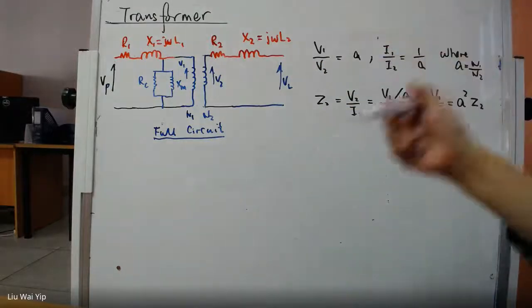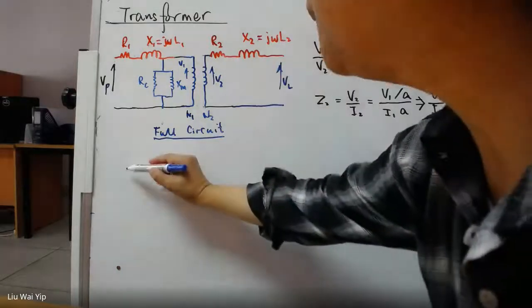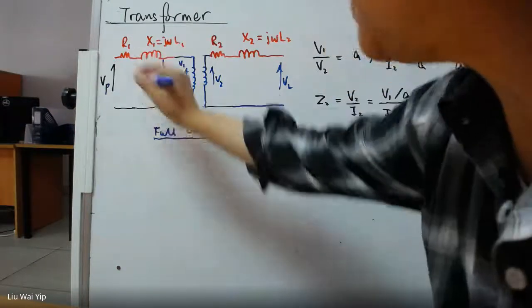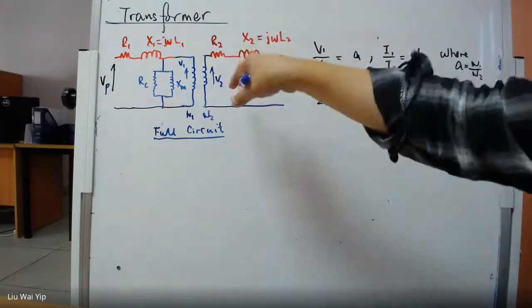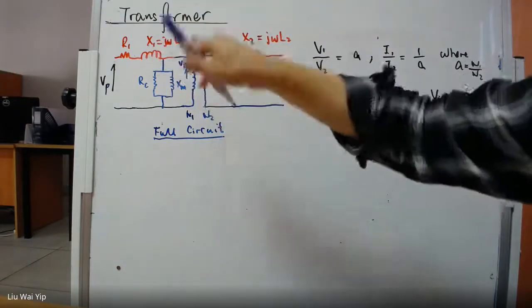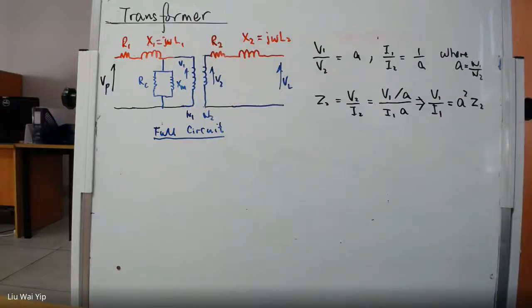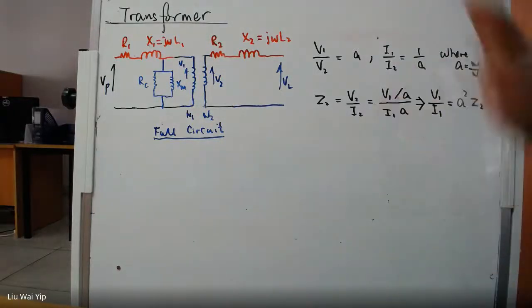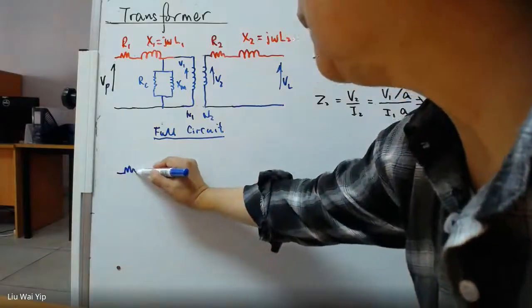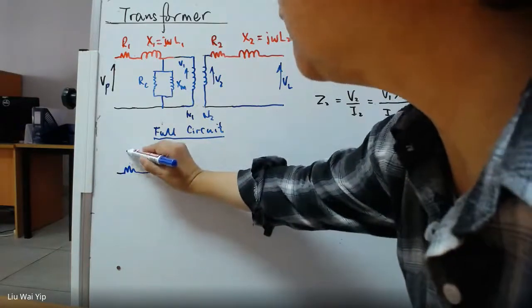So why don't we refer it to the primary? Instead of drawing a circuit like this, which is very complicated because of the presence of this transformer sign here, we can eliminate this transformer sign. So we continue, the primary is not going to change.